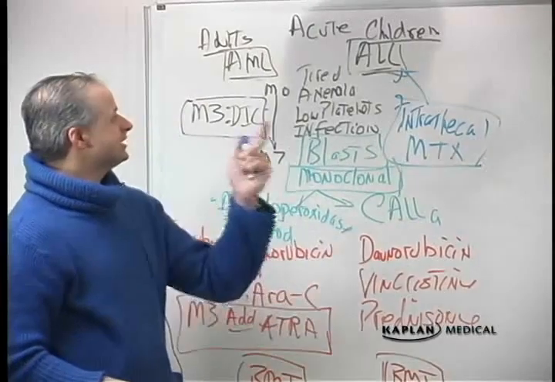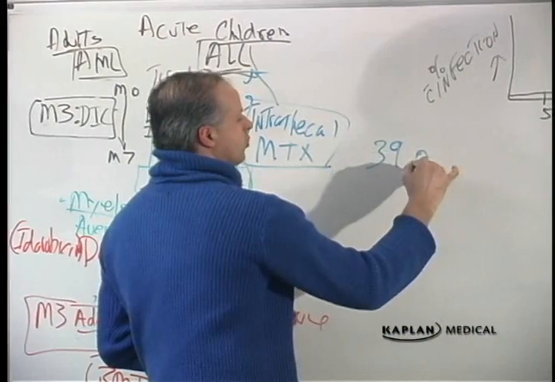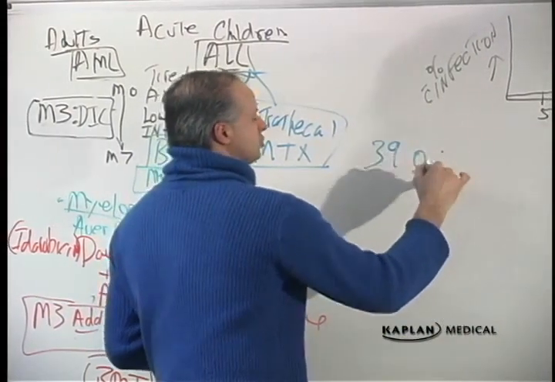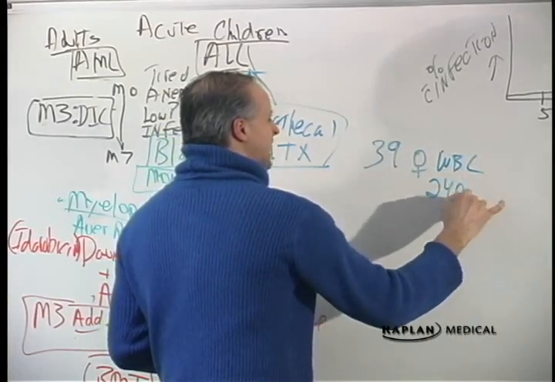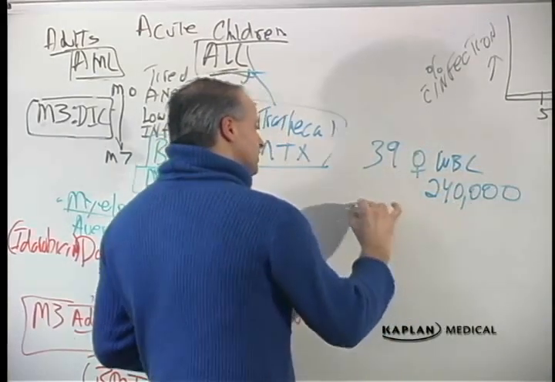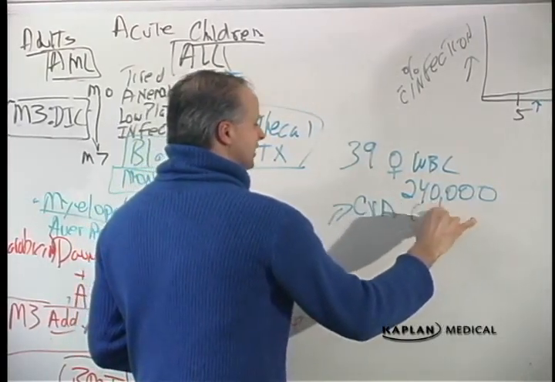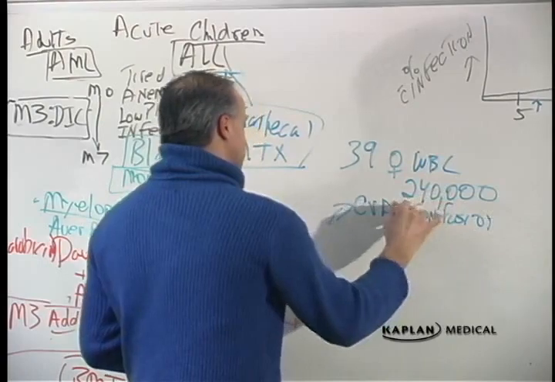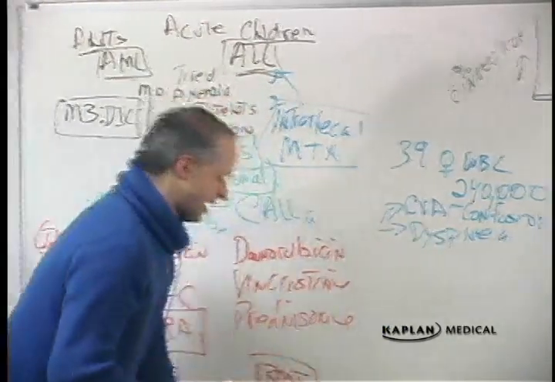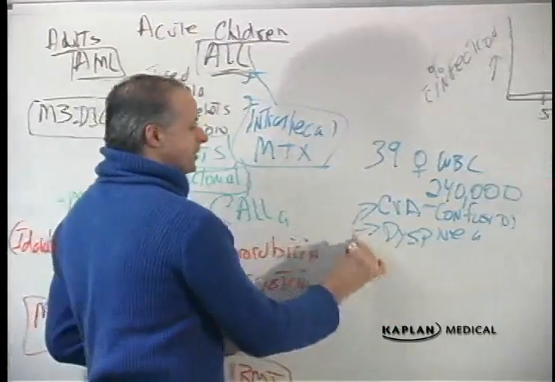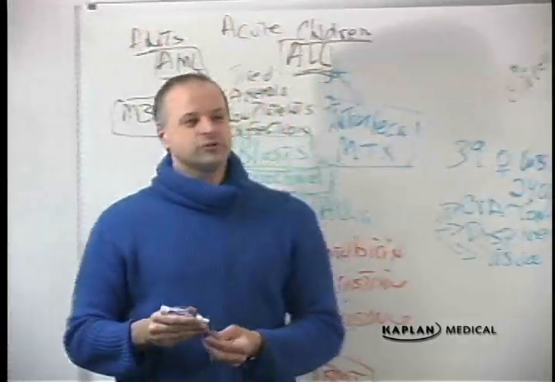What's unique? We have a 39-year-old woman who's coming in with acute leukemia, who's got a white cell count of 240,000. Wow! She is having sludging in her brain and having confusion and signs of sludging in the brain. She's having shortness of breath. She is having priapism, shortness of breath, visual disturbances. What would you do for the treatment?